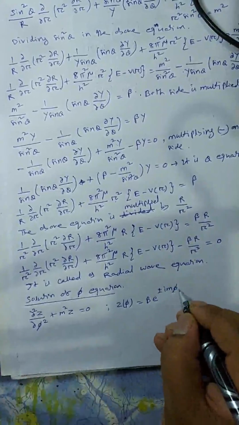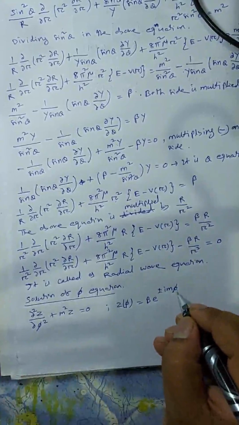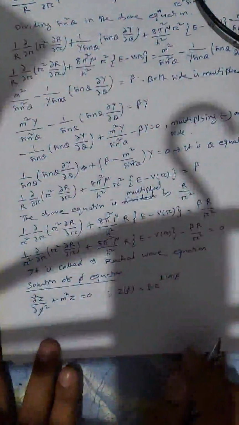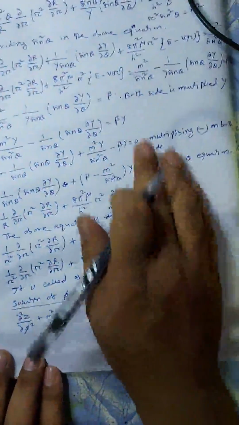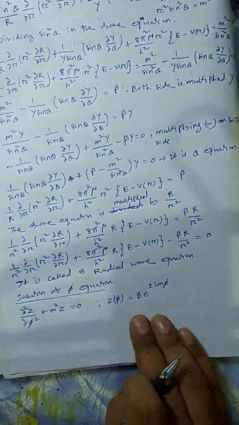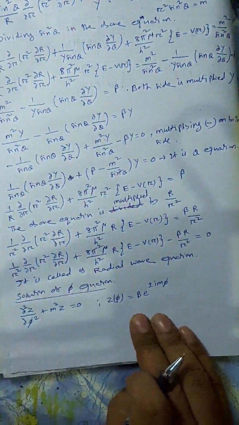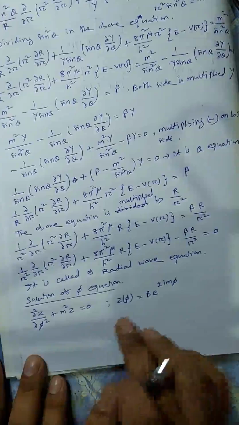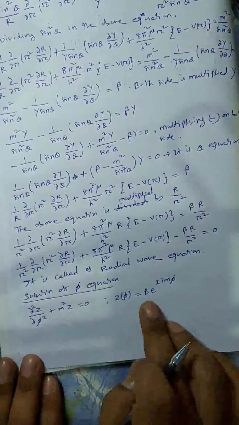We already did this one in the rigid rotator. We also derived it in this way, because we want to find out this b value.